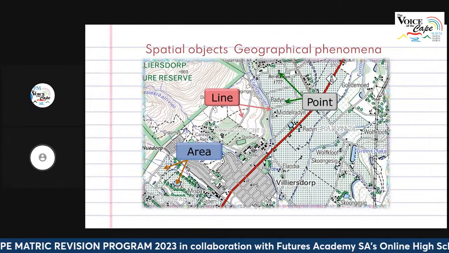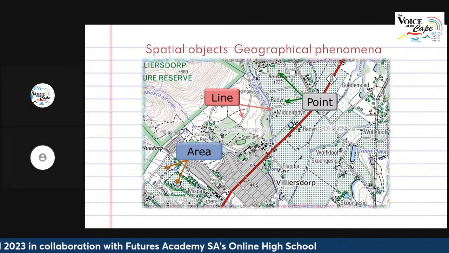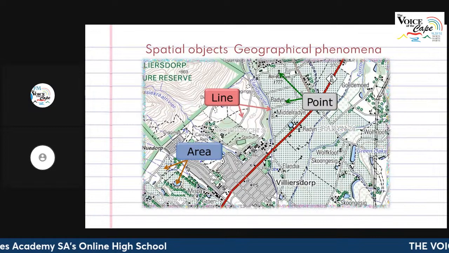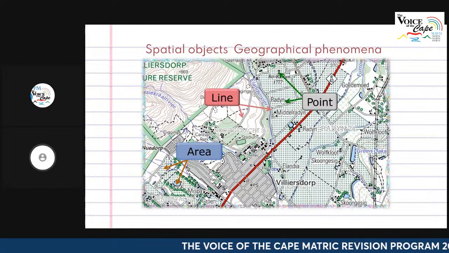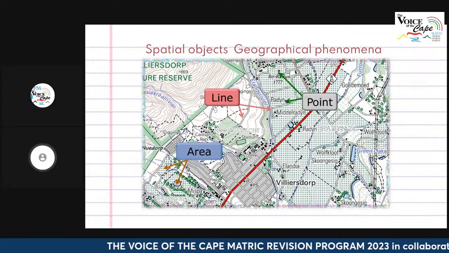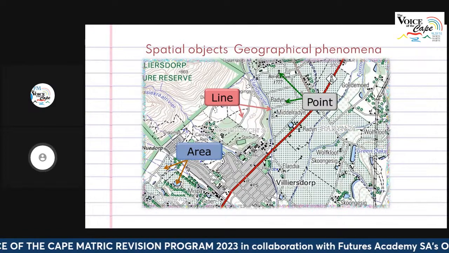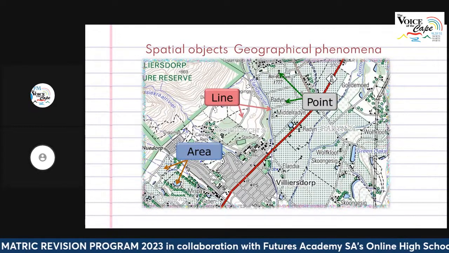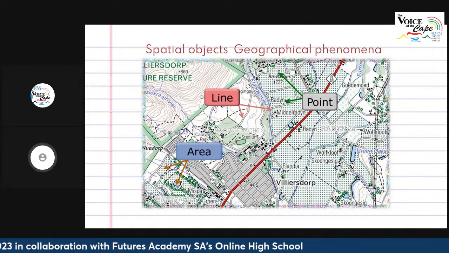So let's look at an actual map and see exactly where our points, lines, and polygons are. If you have a look on your screen, you will see a point is pointing to a diagram of a monument. A monument is regarded as a point. It also is pointing to a single dwelling in this particular farmstead. So both of that would be regarded as points.